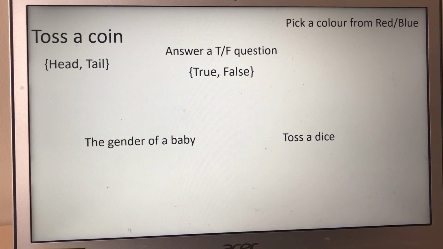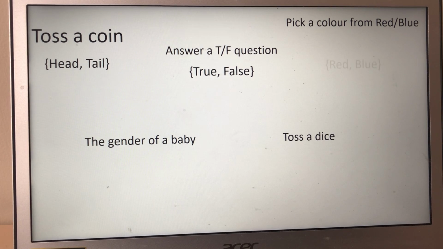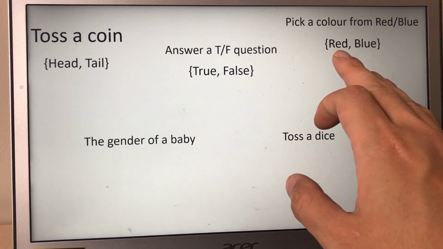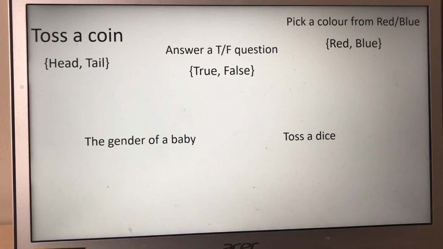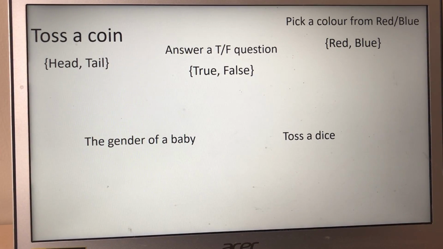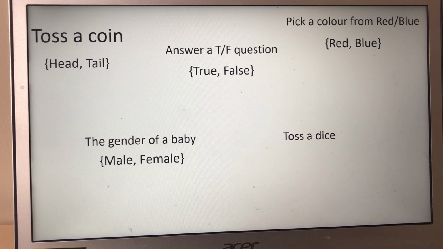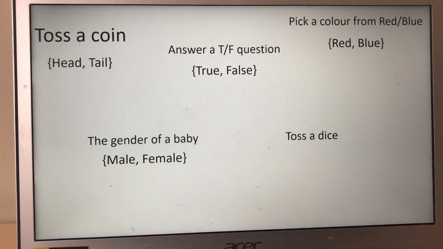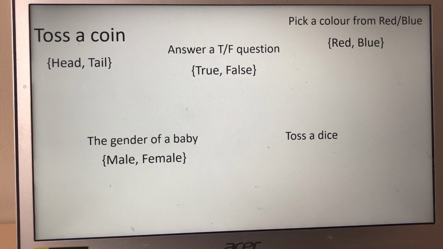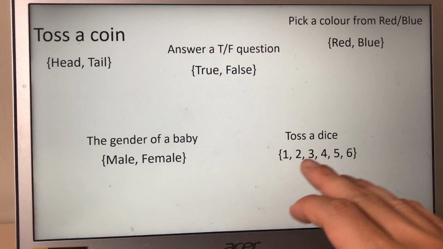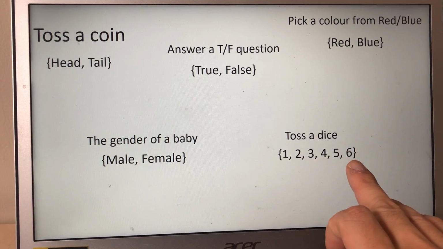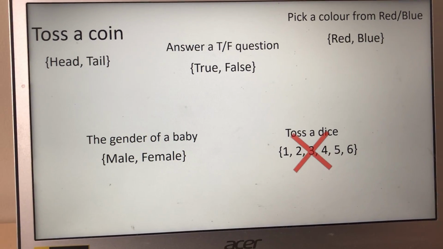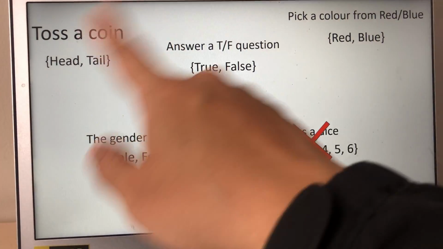And then pick a color. Of course, you could pick red, or you could also pick blue, but you can only choose one of them. The gender of a baby can be either a boy or girl, male or female. But when you toss a dice, the result could be 1, 2, 3, 4, 5, or 6. So obviously, this one is different from the other.